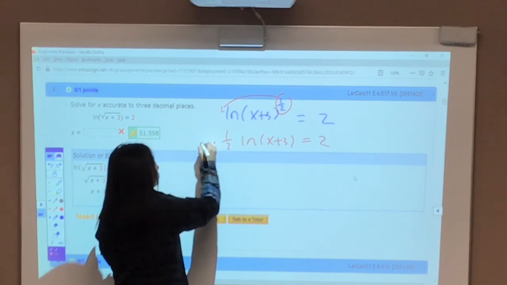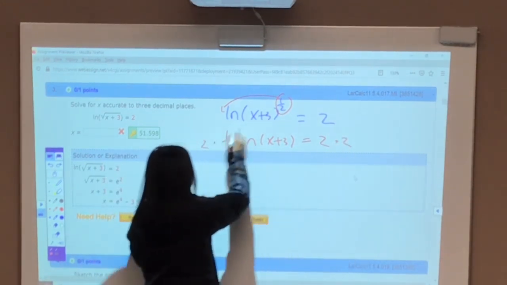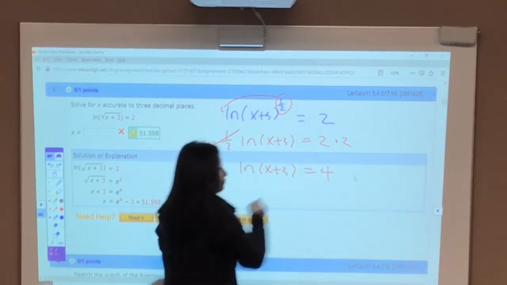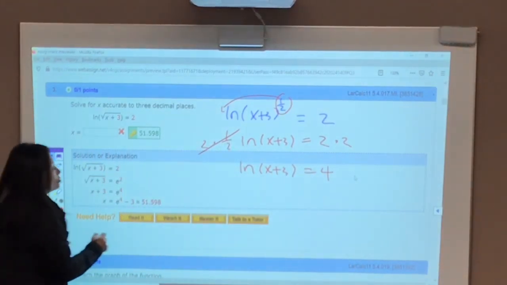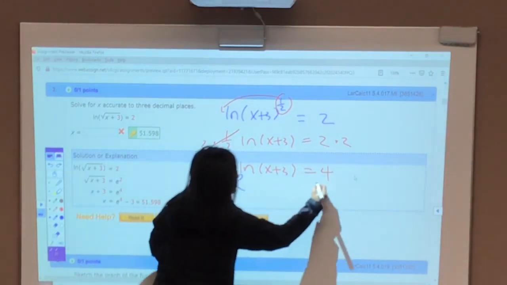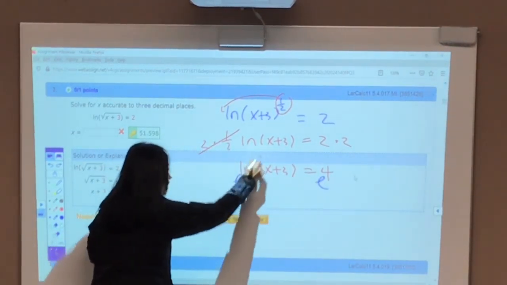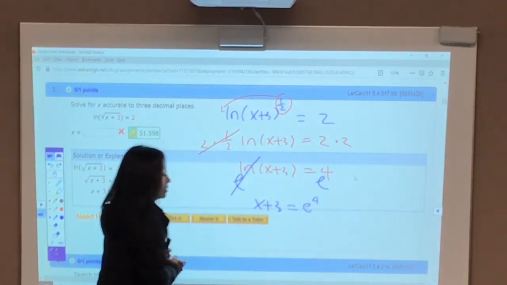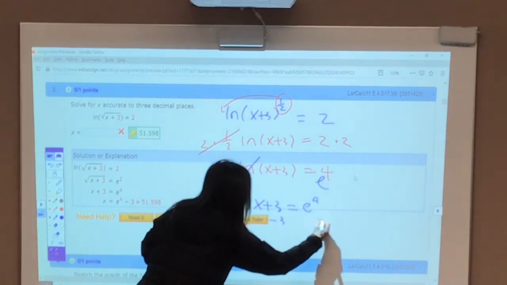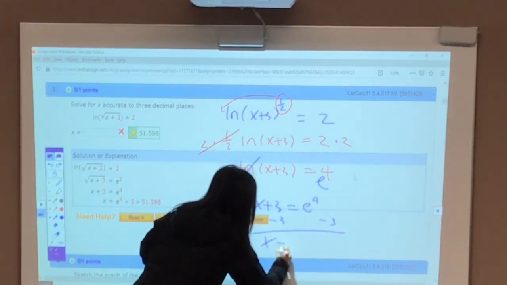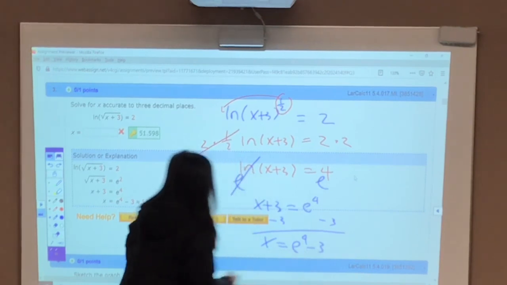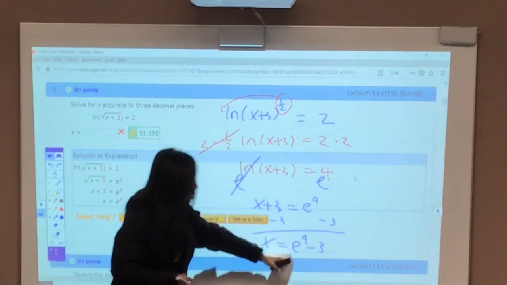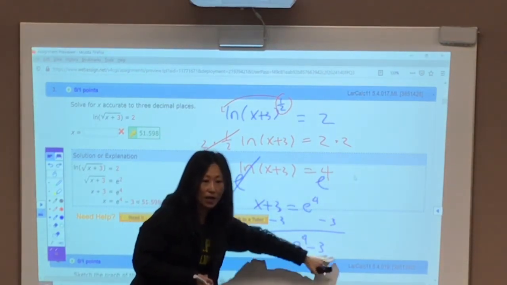So I will multiply by 2 here, multiply by 2 here, and I cancel out. So I have natural log x plus 3 equal to what? 4. Now can I do the e underneath? So I can cancel that out. I have what? X plus 3 equal to e to the 4. Minus 3. So x is equal to what? E to the 4 minus 3. So if they want you to give an exact number, then you need to do what? E to the 4, whatever the number, and then minus what? 3.